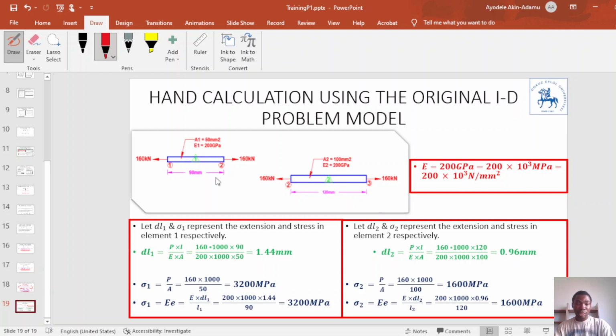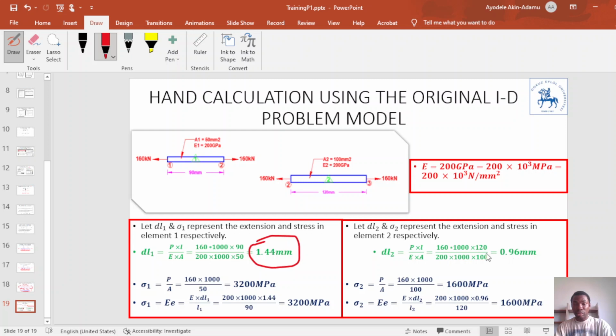This 1.44, using my finite element calculation, is actually the Q value here minus the Q value here. In my finite element calculation, we saw that our Q2 value here is 1.44 and our Q1 value here is 0. So 1.44 minus 0 gives 1.44. Also for element 2, we found that the extension in the member is 0.96.